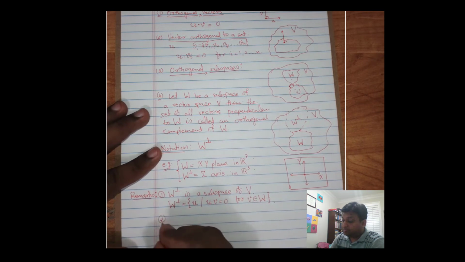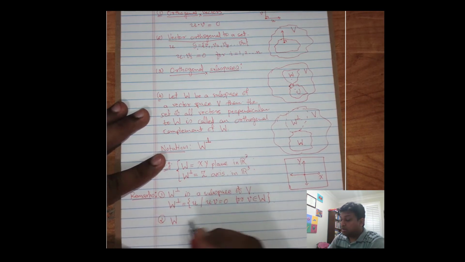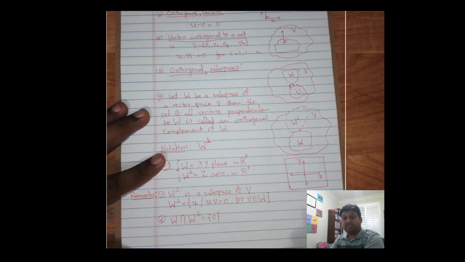Remark number 2. In W and its orthogonal complement, the only common element is the 0 vector. And it's very clear, look at this example, x-axis and y-axis, the only common element between these two pieces is really the 0 vector.